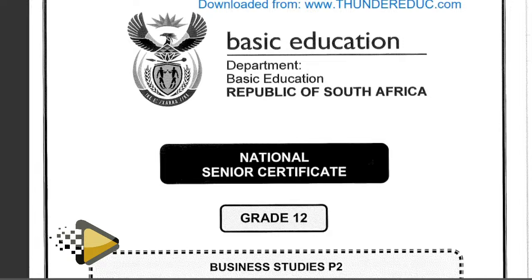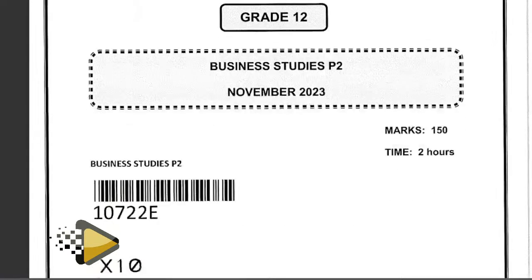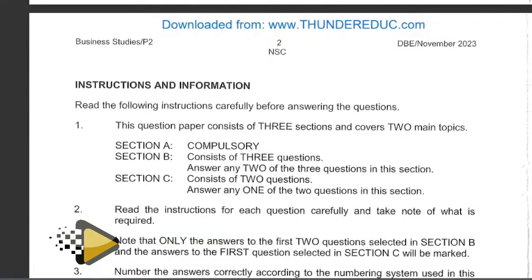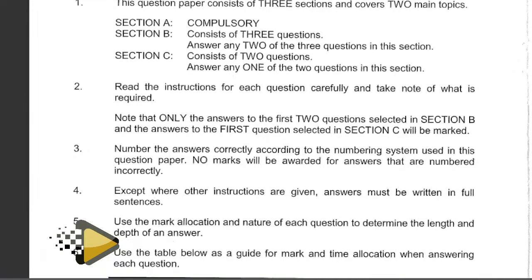If you still remember, I always tell you the first thing that you should pay attention to before you start your examination: you must go through the set of instructions and information given. Because the moment you go through them, you will definitely score marks, and you will avoid the chances of being penalized unnecessarily.